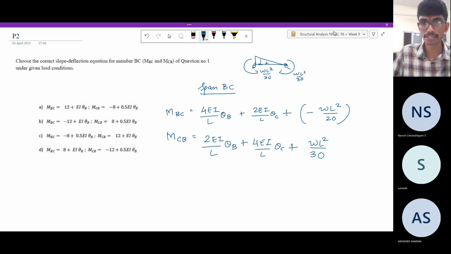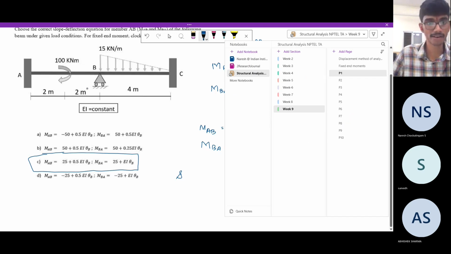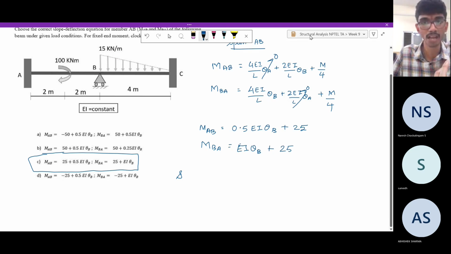So here you see a kinematically admissible displacement field. What is it? Kinematically admissible means it satisfies the compatibility conditions. What are the compatibility conditions? Theta B is continuous in this span and in this span. How did we enforce it? We did nothing great; we just used the same unknown theta B in both spans.